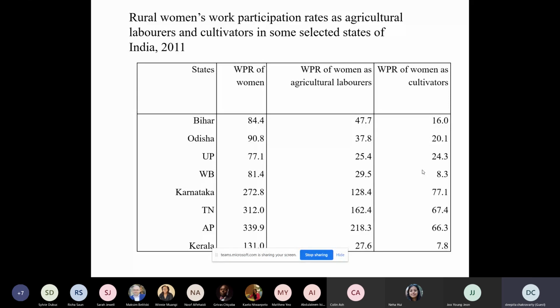As a result, there is a significant possibility of under enumeration of her work.